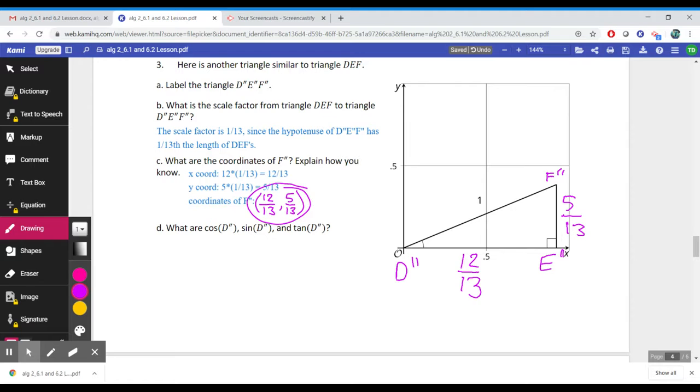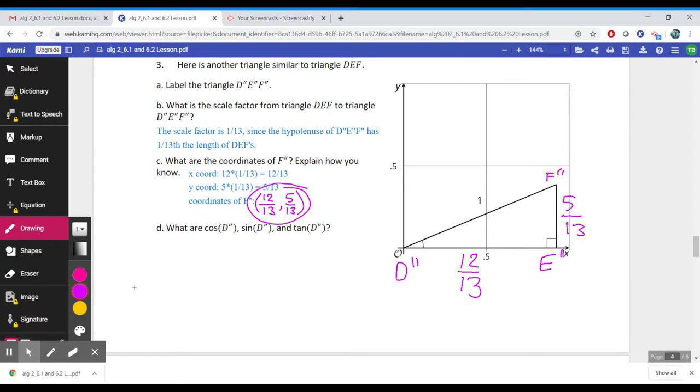So if I want to go ahead and take the cosine, sine, and tangent, all I need to do is know what all of my lengths are. So cosine is the adjacent side divided by the hypotenuse. Got it right that time. Third time's the charm, right?